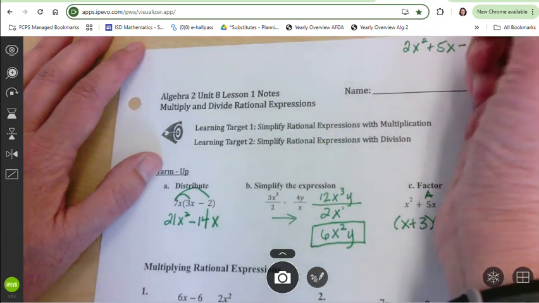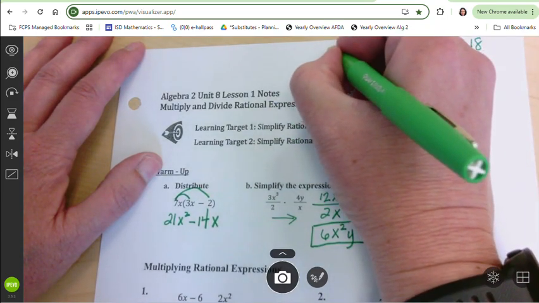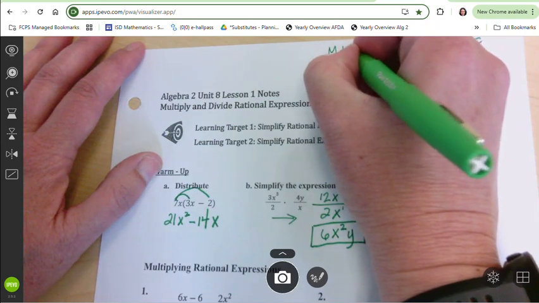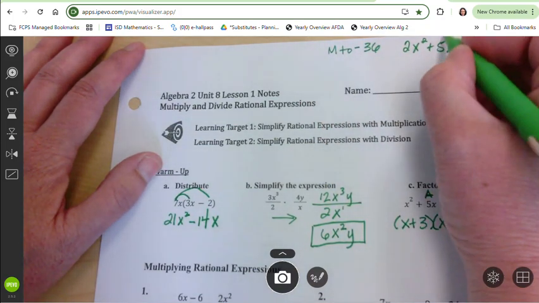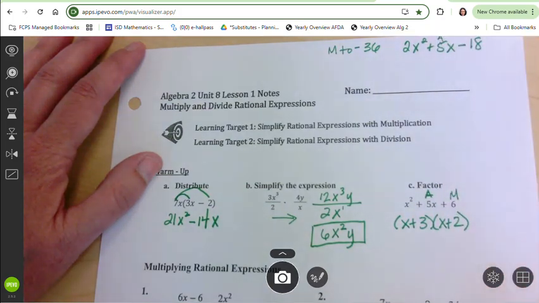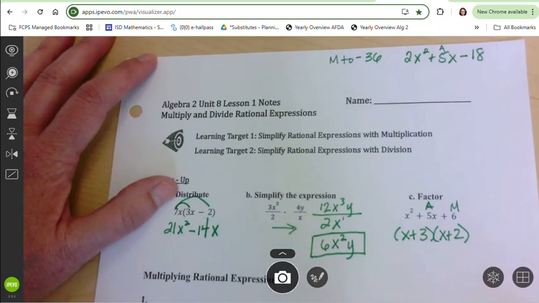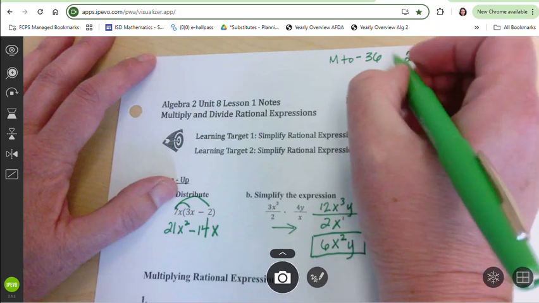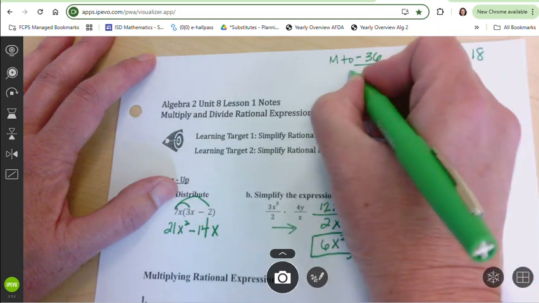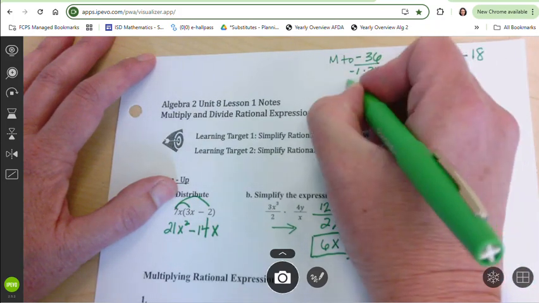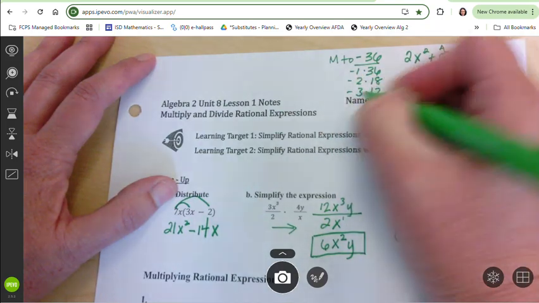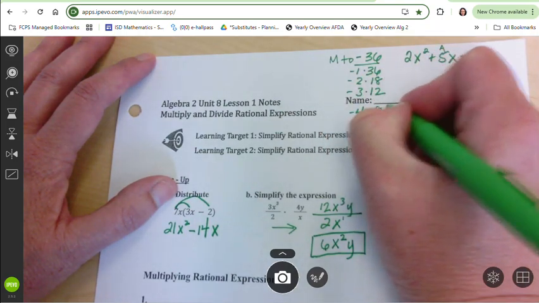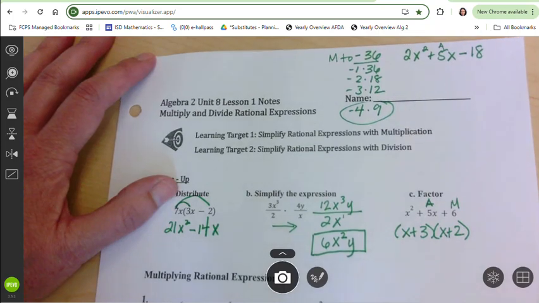And so I'm looking for two numbers that multiply to negative 36. And they still have to add to 5. So they're adding to 5 and they're multiplying to negative 36. So I can start making a list of numbers. Negative 1, negative 2, negative 3, negative 4. And then I found the numbers that add to 5.